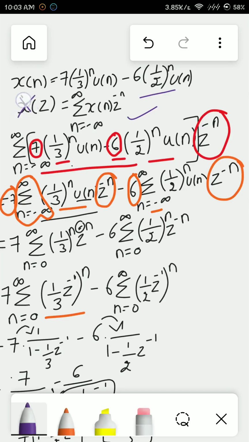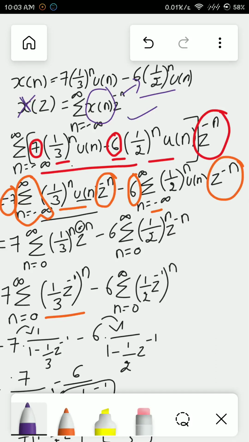So here it is capital X, and this particular formula is the summation of n equal to minus infinity to infinity of x of n into z to the power of minus n, right? So now what did I do? I just substituted the whole x of n into here, and then I did three things.